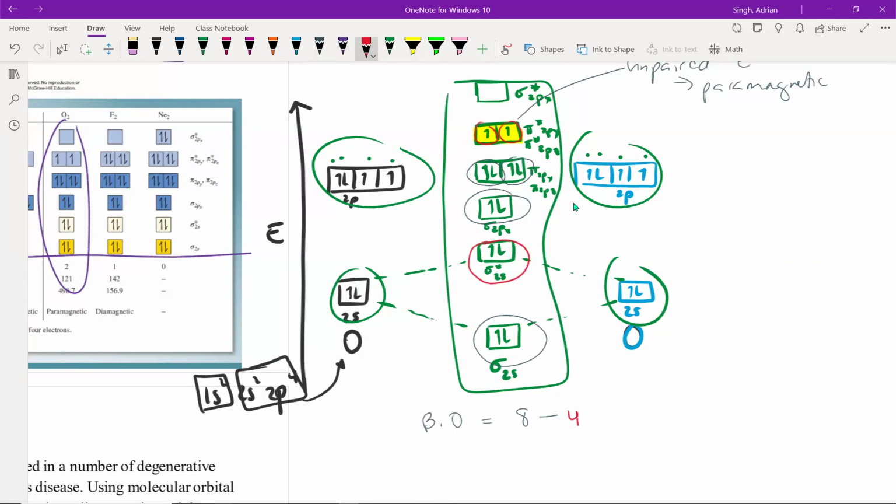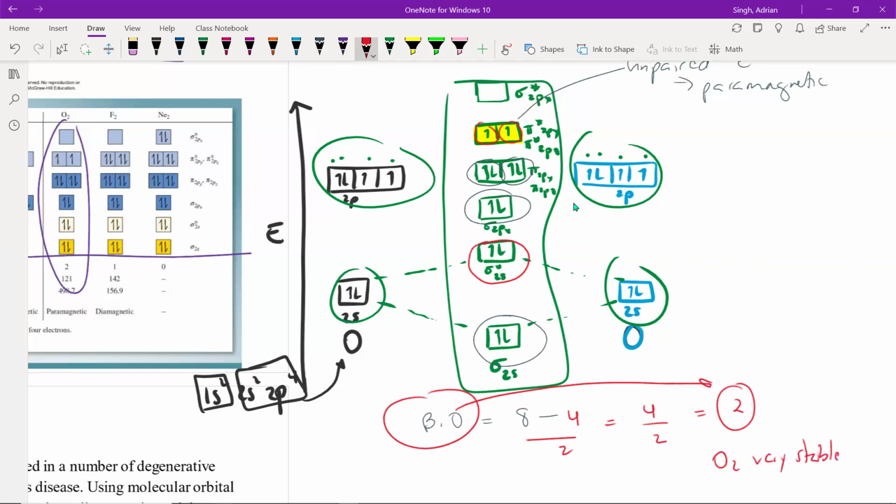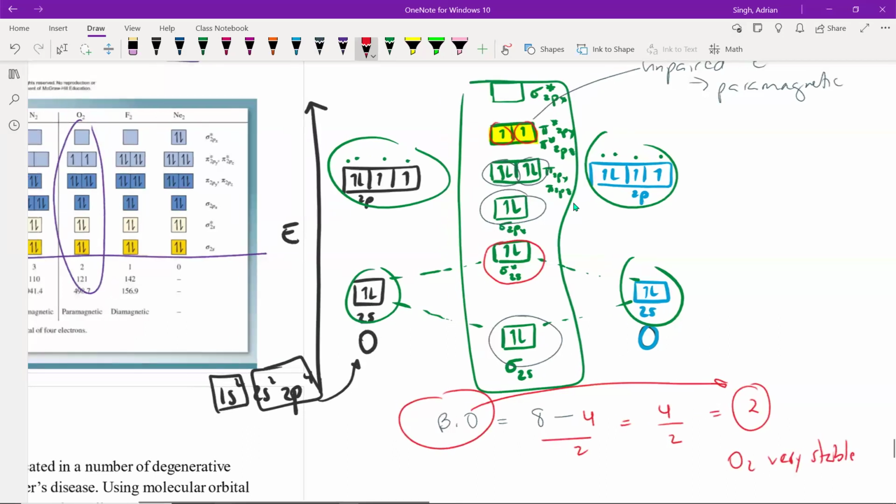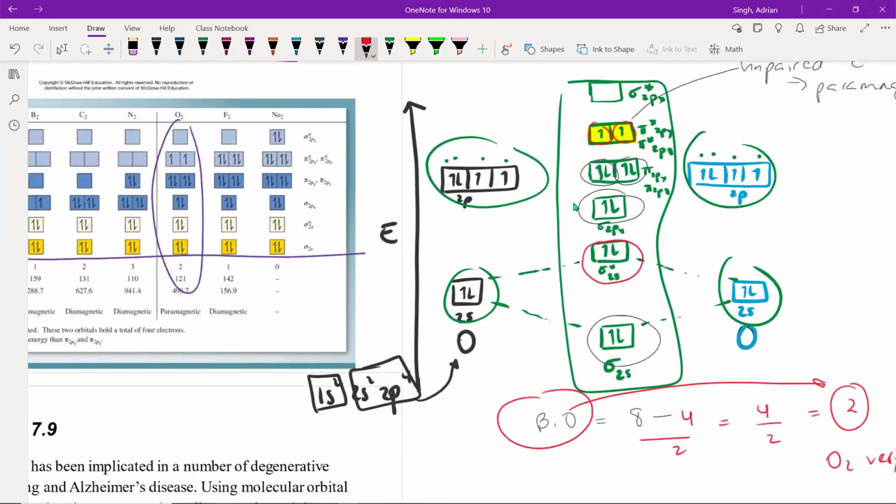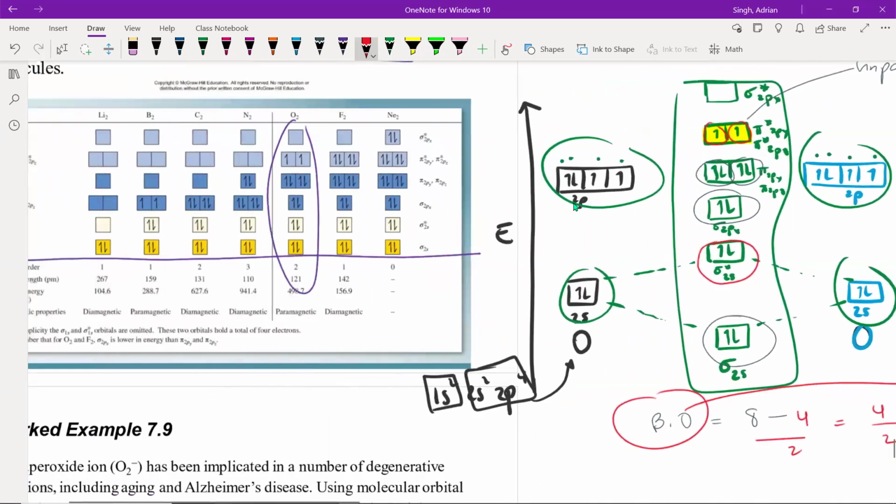So 8 minus 4 divided by 2. 8 minus 4 is 4, divided by 2 gives 2 as our bond order. This tells us that oxygen O2 is very stable and it does exist, and that's a good thing. There are oxygen molecules all around us that we need for a whole host of reasons and uses.